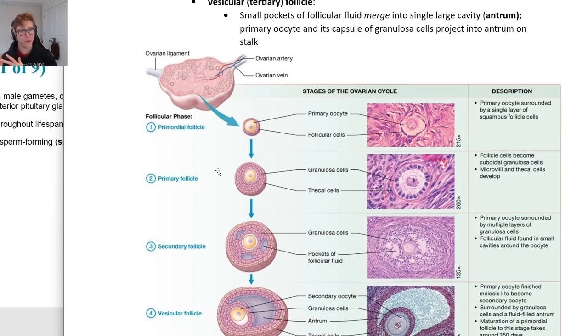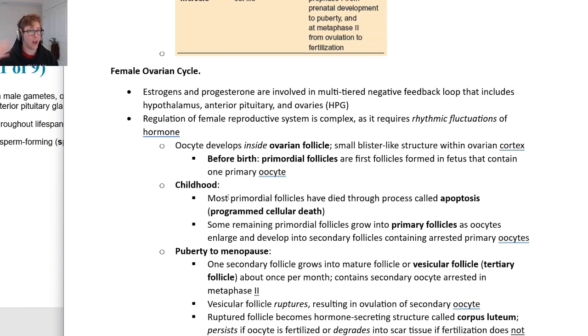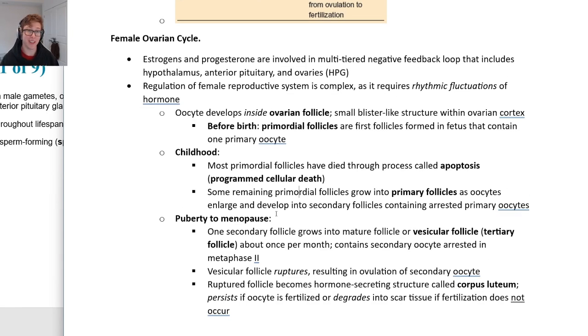I would put where this occurs and what it is. So like primordial follicle is when you are in a fetus and you are rapidly producing as many eggs as you are going to have throughout your lifetime. Childhood, a lot of them are going to die through apoptosis, programmed cell death. Either the ovary can't support all the ones that you have currently created, or it is essentially selecting the ones that have the best chance of making it.